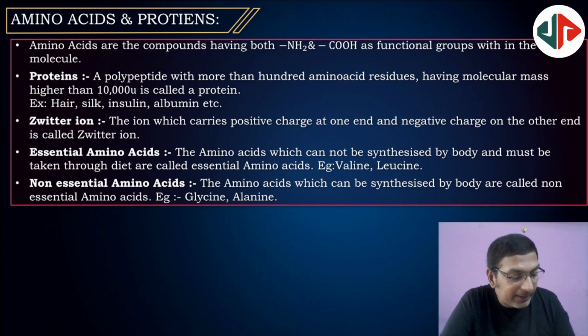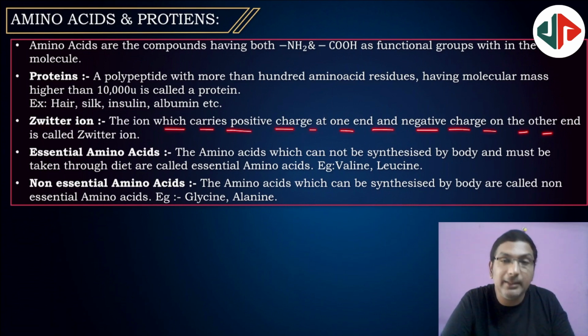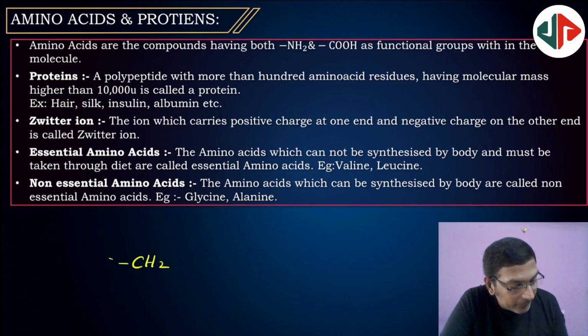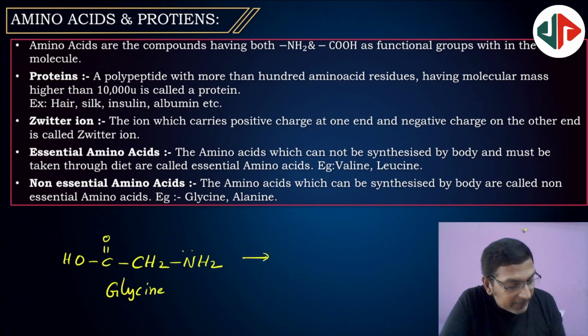Zwitter ion: the ion which carries a positive charge at one end and a negative charge at the other end is a Zwitter ion. Let's structure it like this. If you take glycine, it will be converted to, so here minus and plus. COOH is acid.